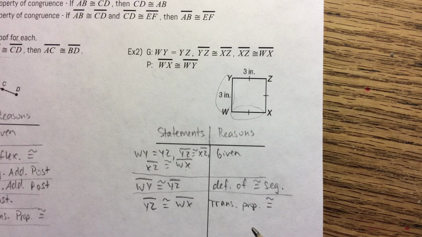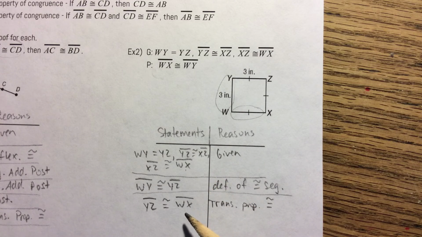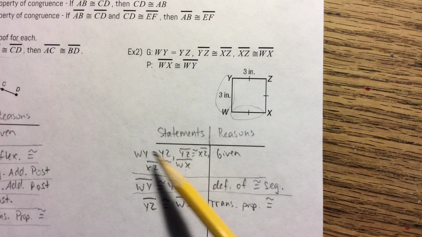And then we are really close to what we want to prove here. We want WX and WY, but we know that I can exchange this, YZ is equal to WY here or here.